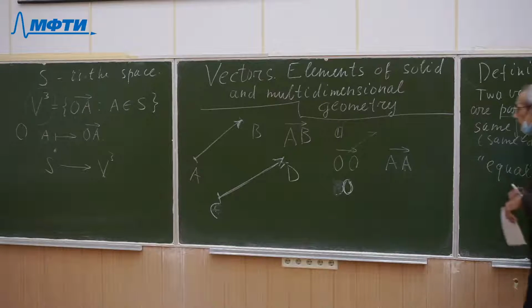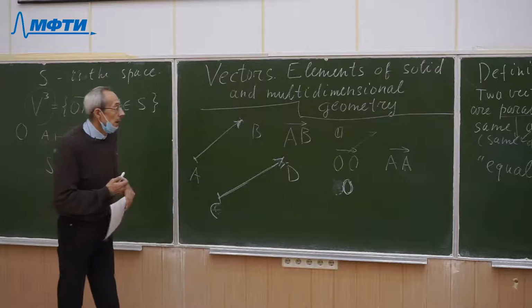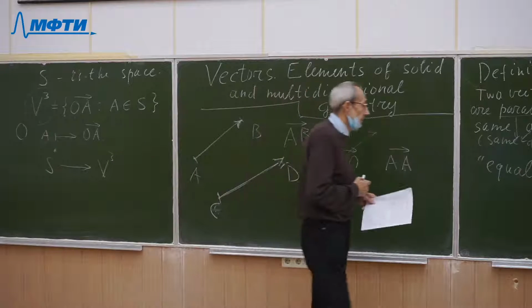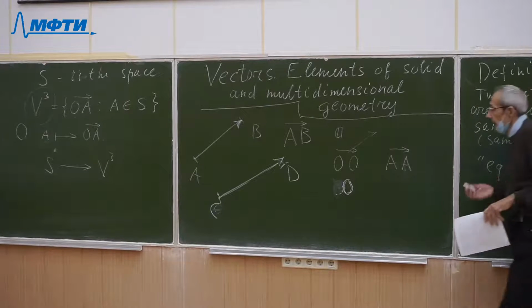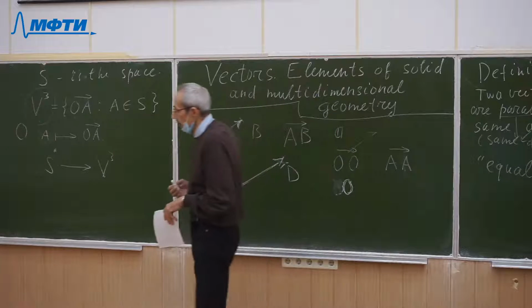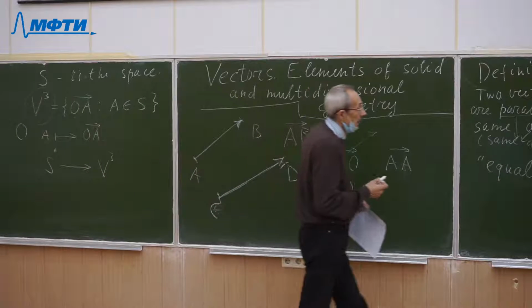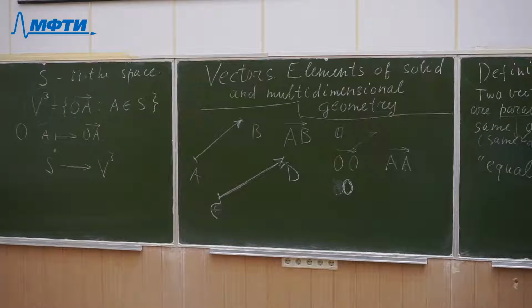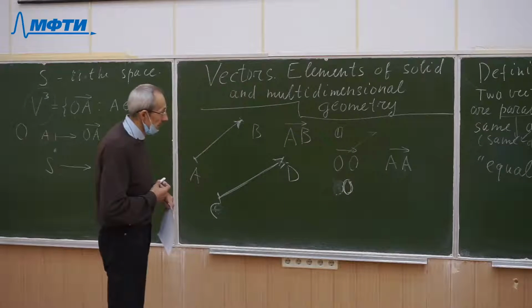This operation corresponds to the superposition of transitions. If a vector is understood as a transition in the space, on such maps the operation of composition is naturally defined, and this corresponds to the operation of sum on the vectors.